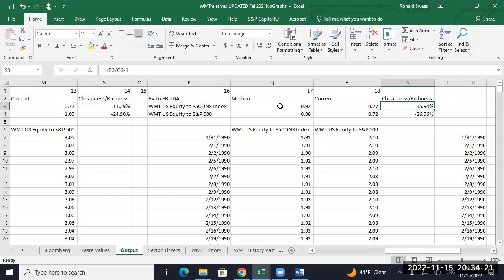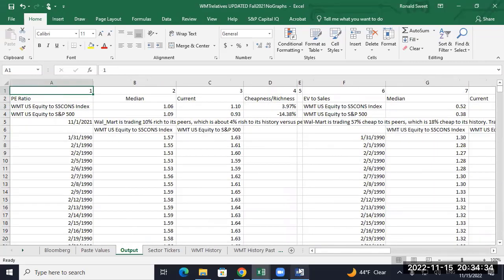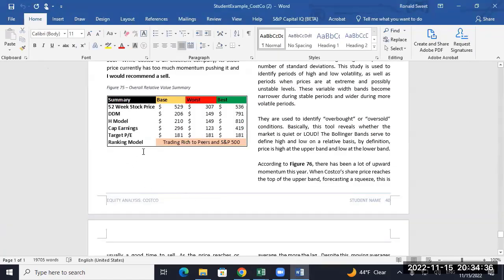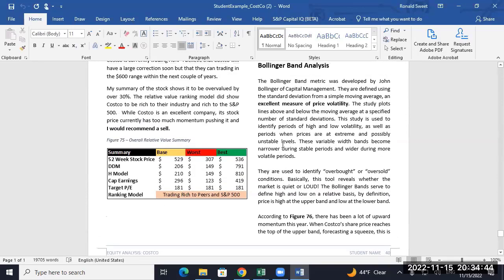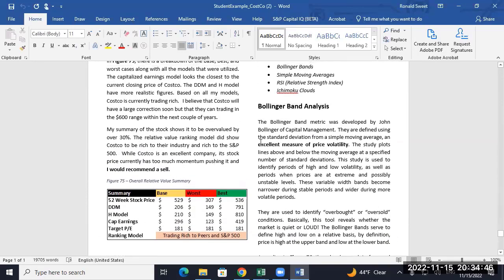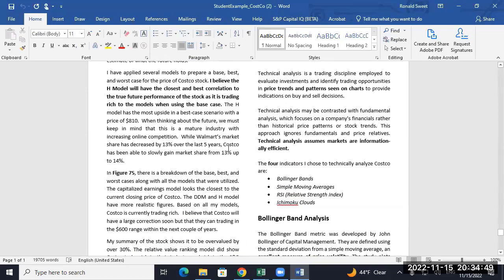So if they range in cheapness from negative 15% to richness of positive 15%, you can apply that to the current price and get somewhat of a range. So you can definitely use these numbers. He didn't put anything in his paper from that, but you could certainly do that. But he just put a comment, ranking model trading rich, to peers and S&P 500. But you could take the historical PE ratios and do that.